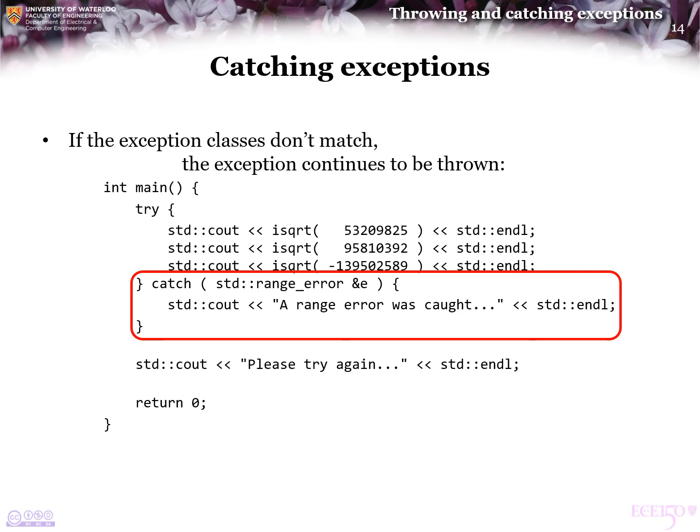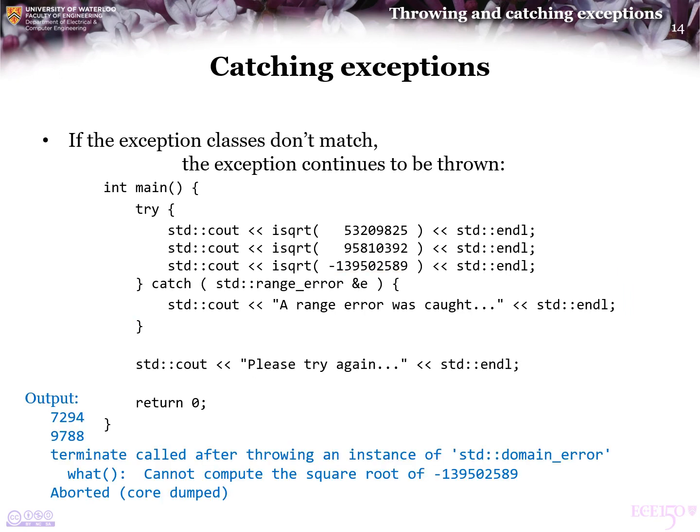You may remember that the integer square root function is throwing a domain error exception. So this catch block will not catch that exception. If we execute this program, the exception is thrown, it is not caught, and consequently it will terminate the program as per normal.